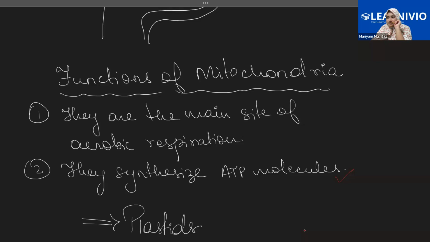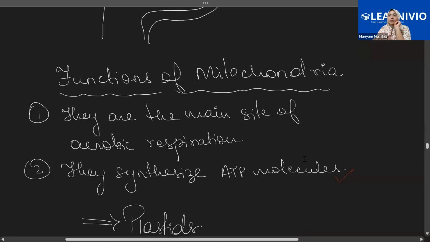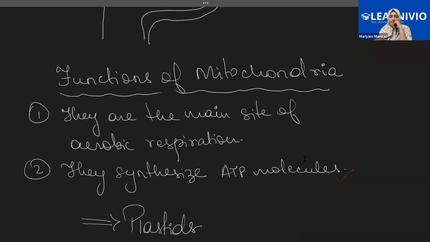Respiration is different, breathing is different. Breathing is exchange of gases. Respiration is breakdown of bigger molecules into smaller molecules so that energy can be released. Got it? Yes, ma'am. So aerobic respiration goes on in the mitochondria of our body.